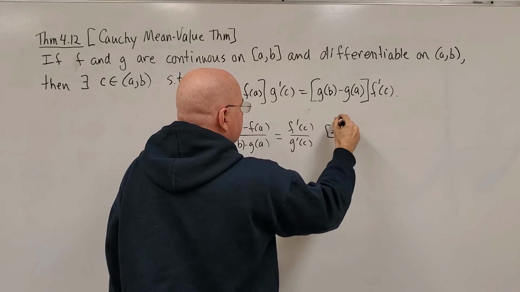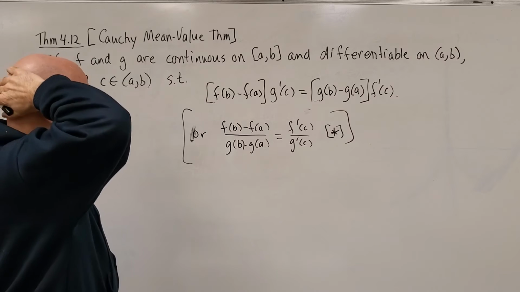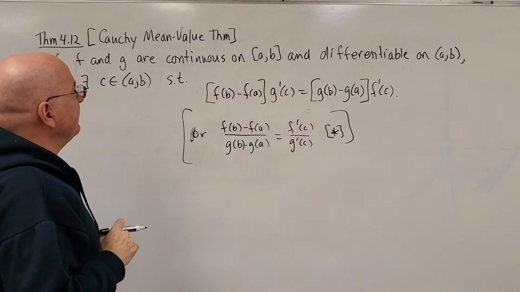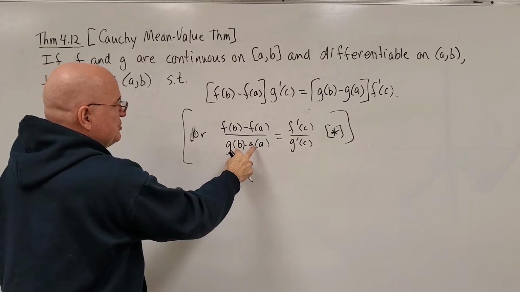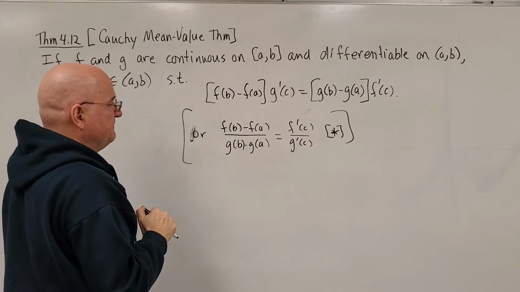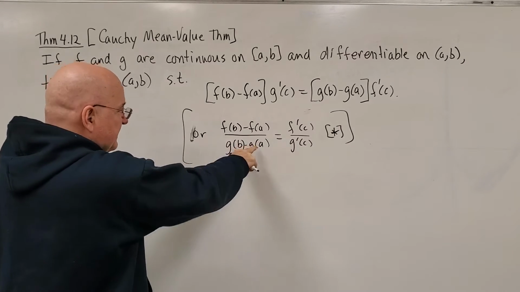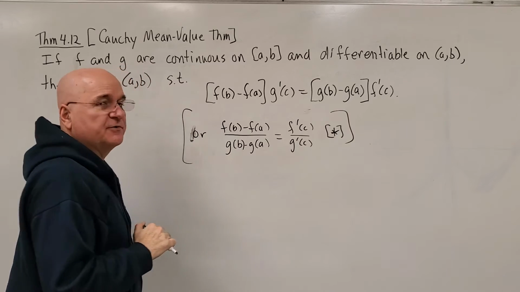I might refer to this in just a few minutes. Just two alternate ways of writing the same thing. I prefer this one because we don't have to worry about when g of a and g of b are the same number and we get a division by 0. So in this case, you need to assume that g prime of c is not 0, or this denominator is not 0.